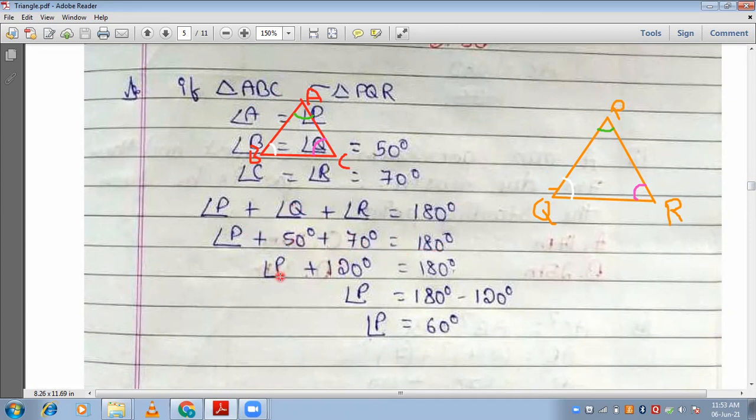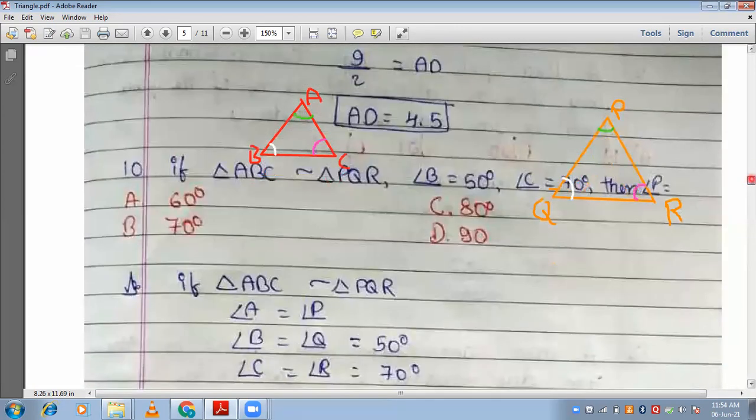You will get angle P plus 120 degree is equal to 180 degree. So angle P is 180 minus 120, 60 degree. If angle P is 60 degree, then angle A is also 60 degree. In your question, angle P is question mark, so angle P is equal to 60 degree. Option A is correct.